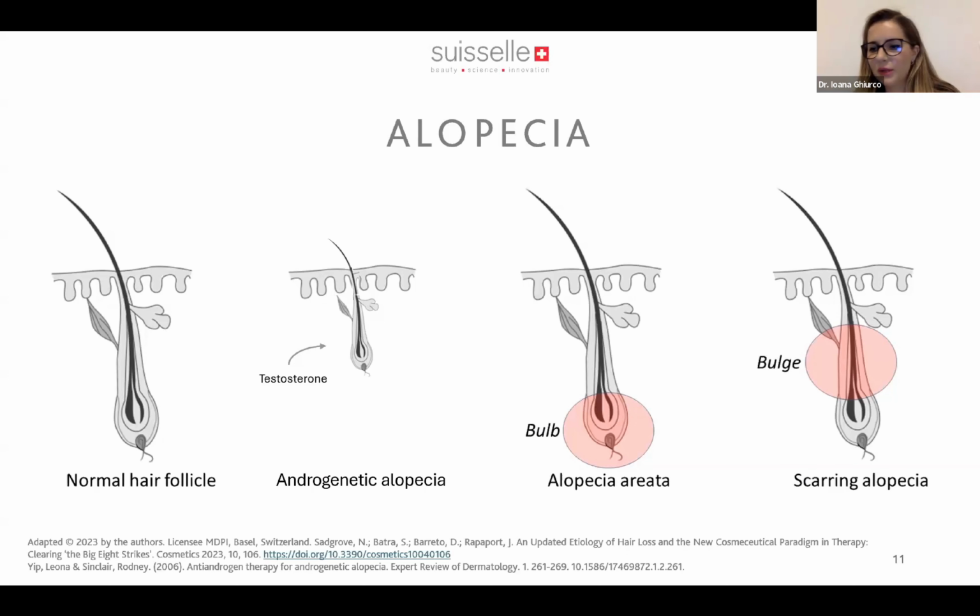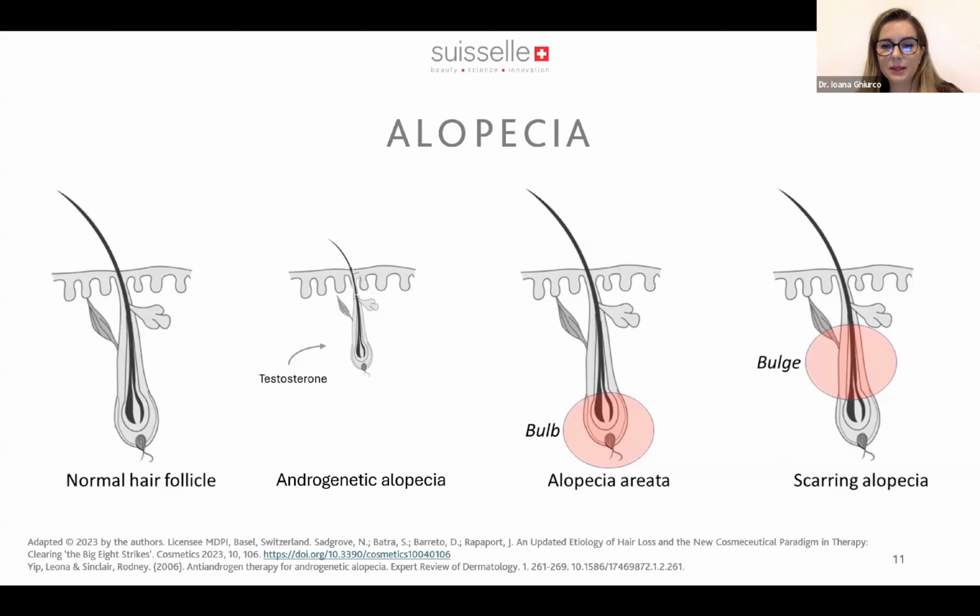Scarring alopecia is somewhat different, and it is also called cicatricial alopecia. This can result from various inflammatory conditions, including cutaneous manifestations of lupus. We can have a bacterial infection, but we can also have trauma like burns as a cause. These conditions lead to shiny, bare patches on the skin, often causing permanent hair loss in the affected area.